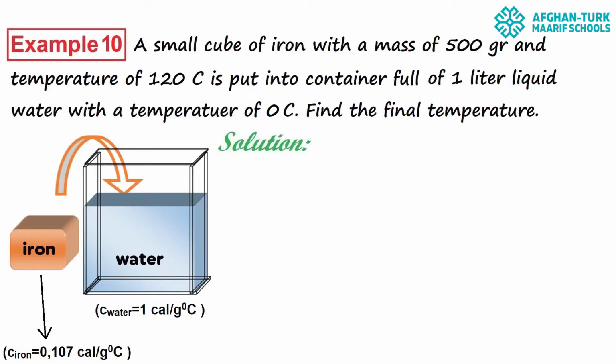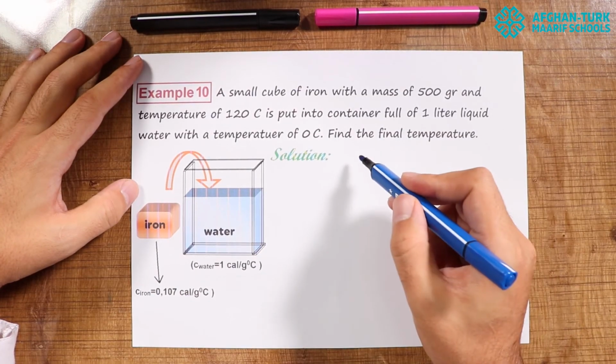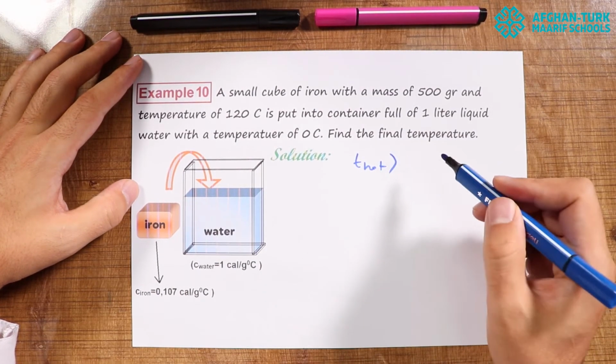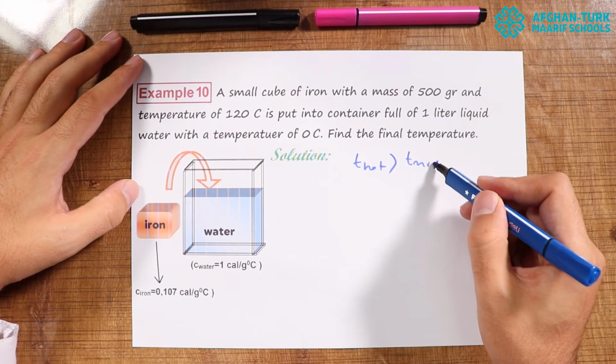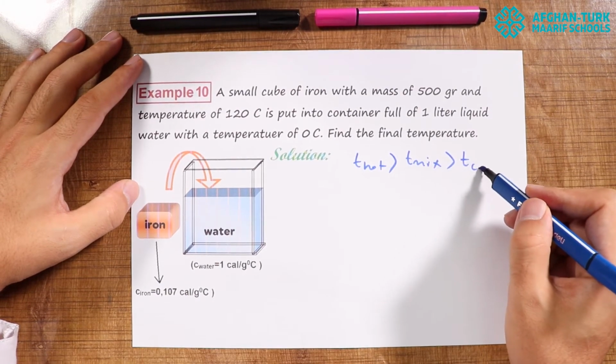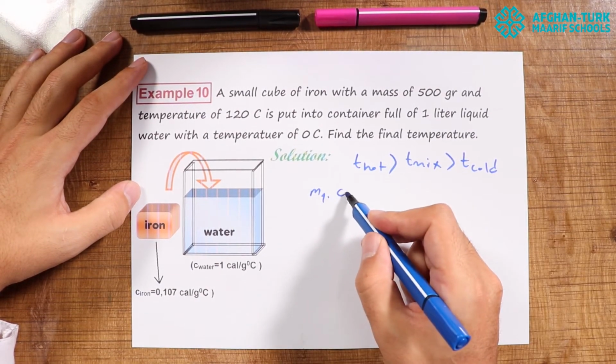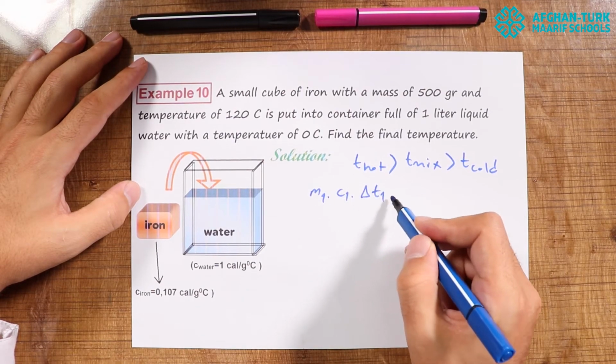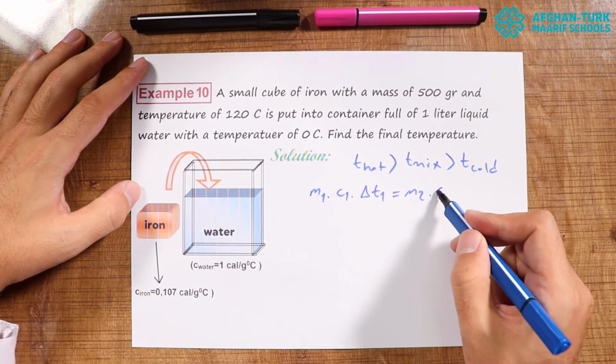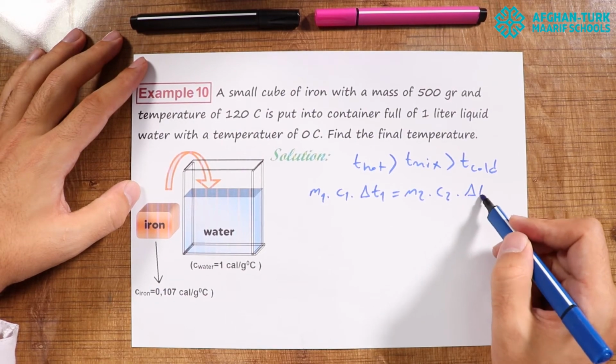Okay, this time we have different elements. Basically, we will use a similar method to solve this. Again, T hot is greater than T mix, and that's greater than T cold. M1 times C1 times delta T1 is equal to M2 times C2 times delta T2.